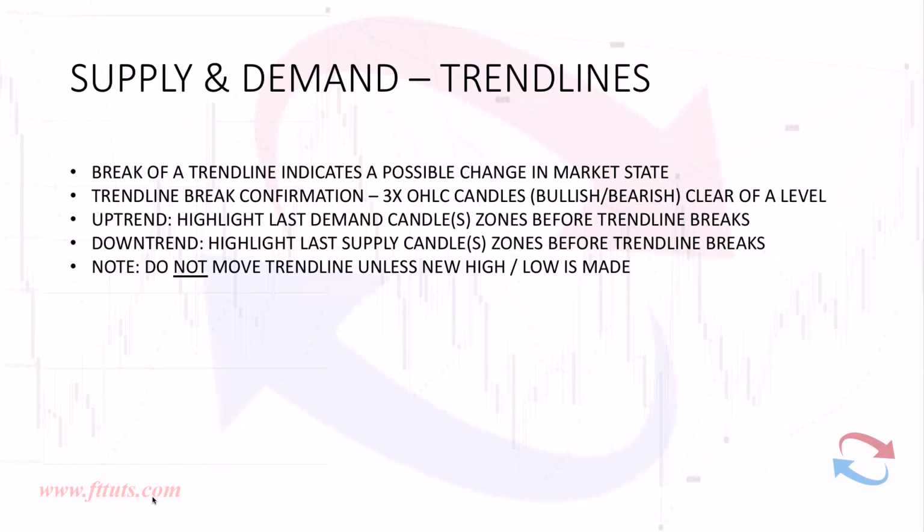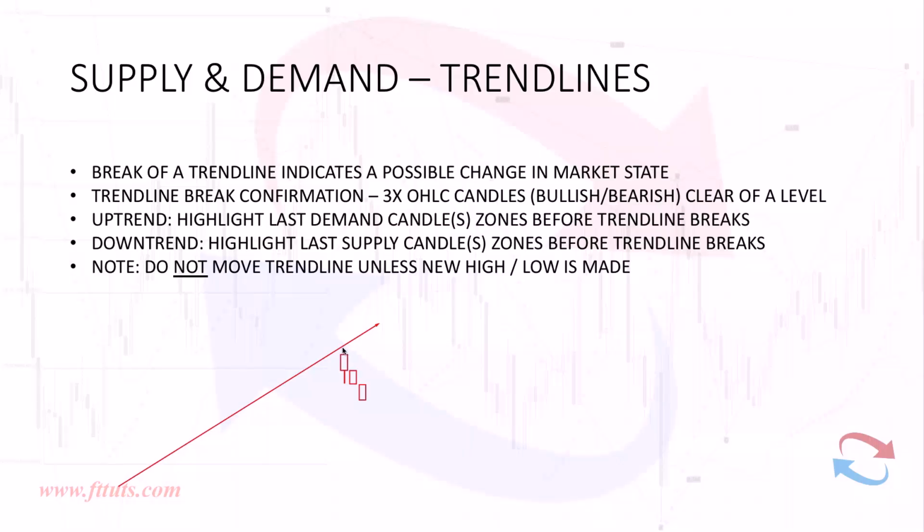So let's say, for example, we have a trend line, right? Now, I want to see 3 candles clear of the level, both the candles and their wicks, right? So it has to look something like this.